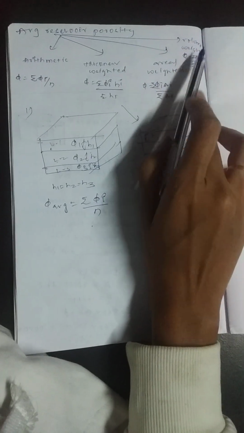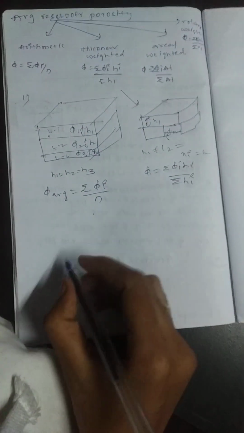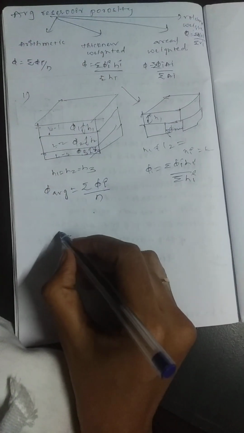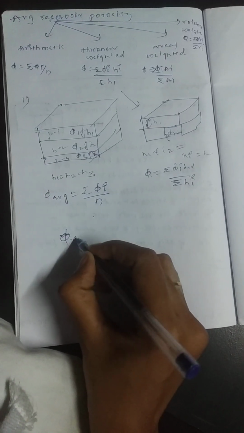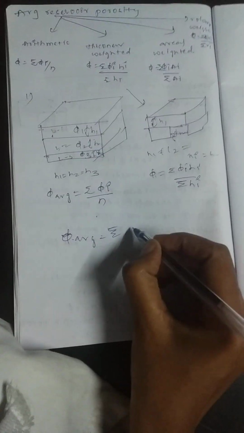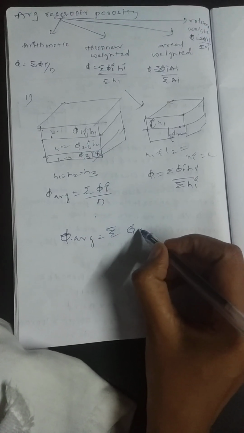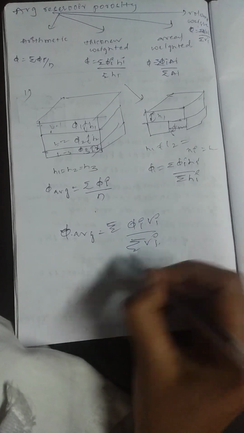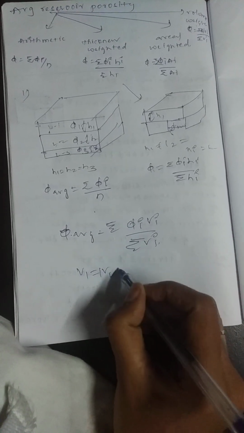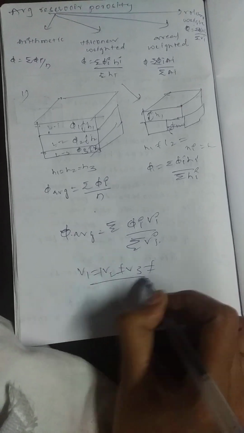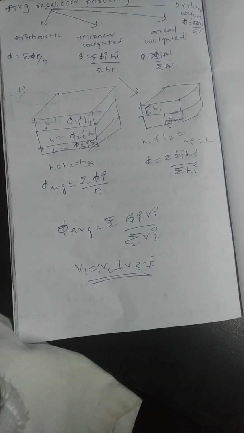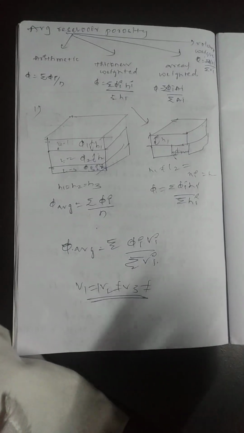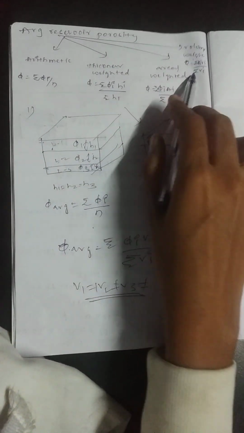Then volume weighted porosity is much simpler, and it is what happens in real reservoirs: phi average is phi 1 into V1 plus phi 2 into V2 and so on, divided by the total volume. The porosity varies with different volumes, where the area and thickness are very different, right? So this is very common.